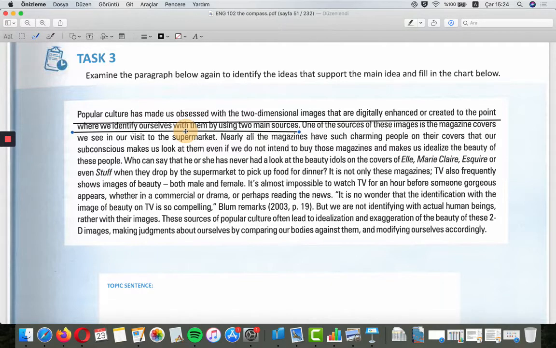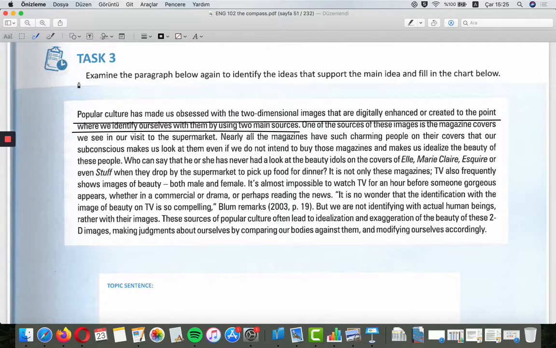Okay, it says popular culture has made us obsessed with the two-dimensional images that are digitally enhanced or created to the point where we identify ourselves with them by using two main sources. This is the main idea.